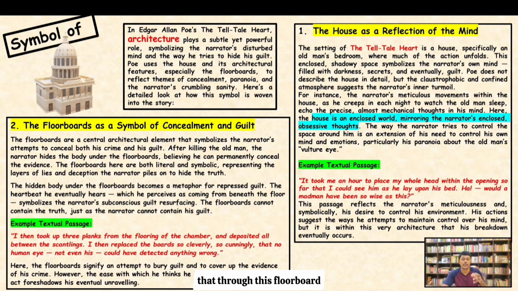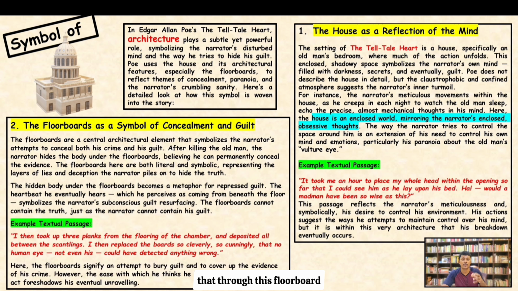And the next part, in this symbol of architecture, is the heartbeat beneath the floorboards: architecture as a psychological confinement. This is significant because when the sound grows louder, the narrator suggests that the architectural pattern of the floorboards is giving him psychological confinement. He is confining himself within himself.